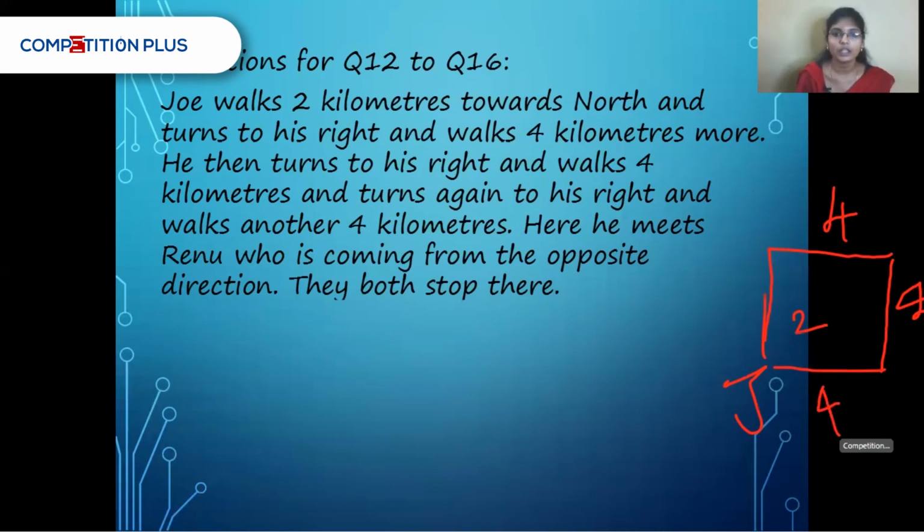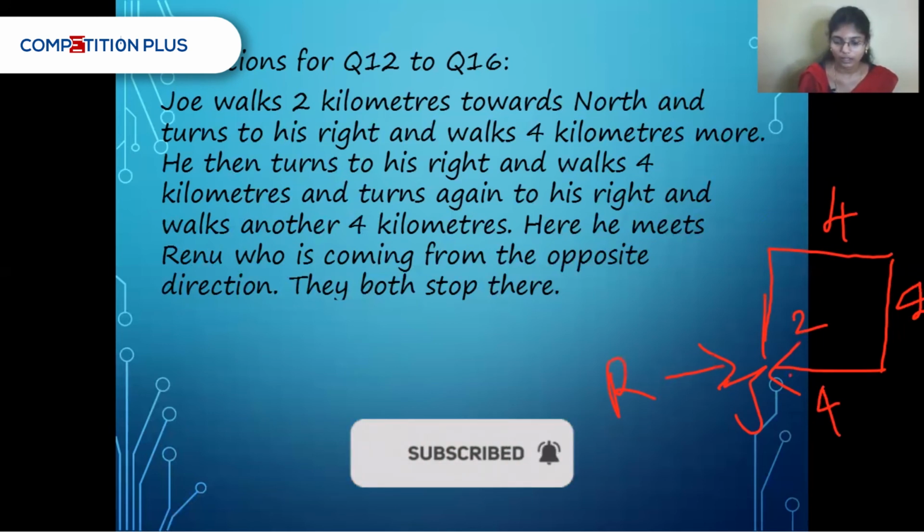Here he meets Renu, who is coming from the opposite direction, and they both stop there. So when Joe approaches here, he could see Renu approaching in the opposite direction. So they both stopped there, and then they are waiting.